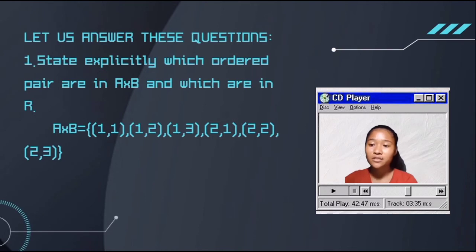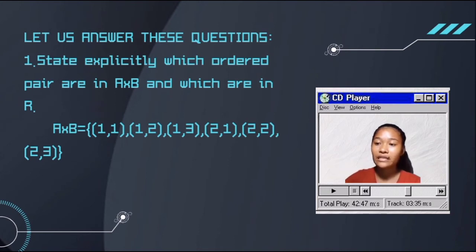Let's answer the question. Number 1: state explicitly which ordered pairs are in A cross B and which are in R. The product is 1 and 1, 1 and 2, 1 and 3, 2 and 1, 2 and 2, 2 and 3.